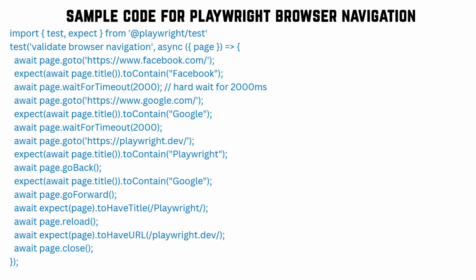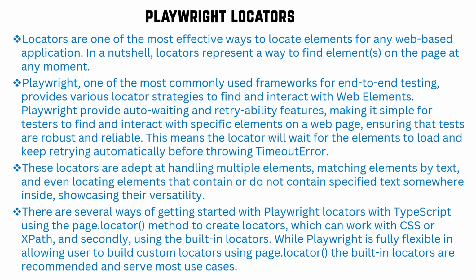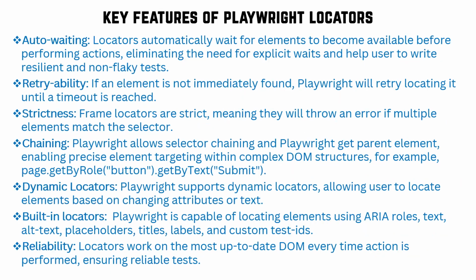Then Playwright locators. Locators are very important to deal with an element first. Otherwise, if you are not able to identify the locators, there is no point in doing any operation. Playwright already has a couple of locator features like auto-waiting, retriability, strictness, chaining, dynamic locators, built-in locators, and reliability.